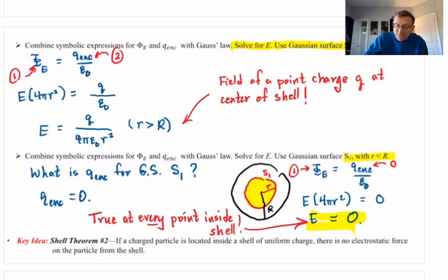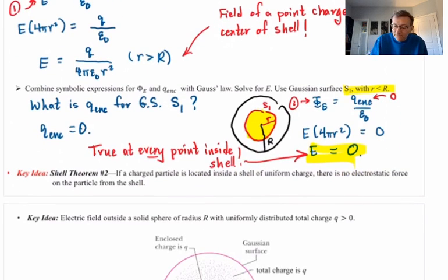And that means we have just proved shell theorem number 2, which I will now state. If a charged particle is located inside, that's important, inside a shell of uniform charge, there is no electrostatic force on the particle from the shell because there's no electric field inside the shell, from the shell. Okay?